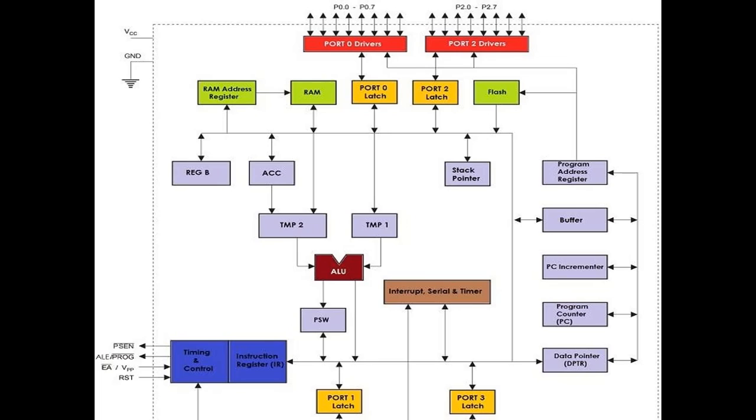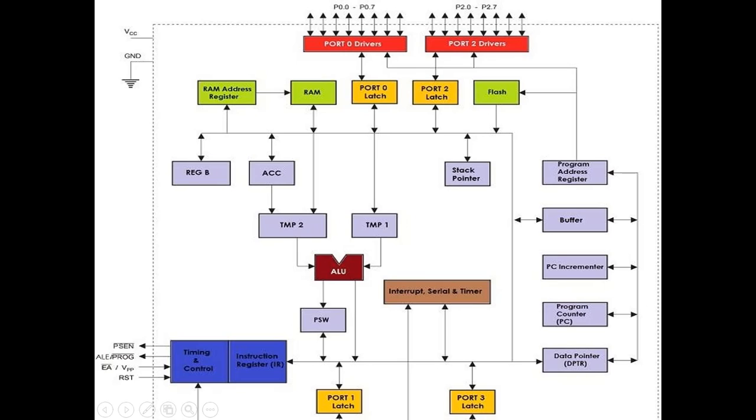Yes, this figure depicts the internal structure or architecture of the 8051 microcontroller. We can easily understand how the structure was designed. It's very easy to remember. As I discussed, the 8051 microcontroller has 4 ports, each of 8-bit size.